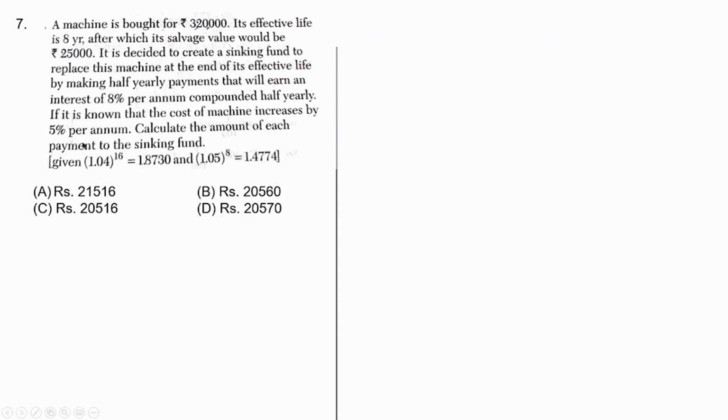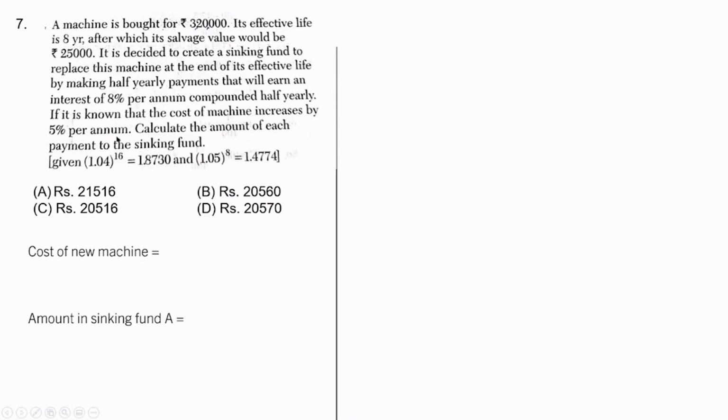So this is one additional step that we have to do in sinking fund. We need to calculate the amount of each payment. Here half yearly payments are made. Here it is given that the cost of the machine increases by 5% per annum.